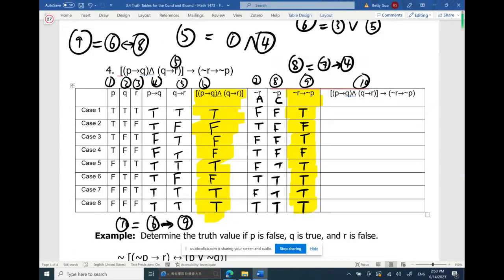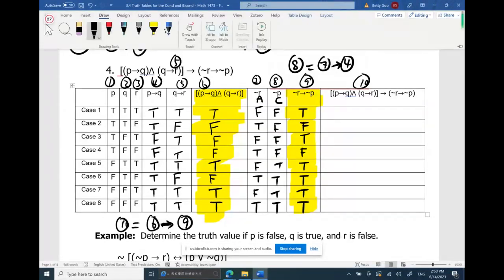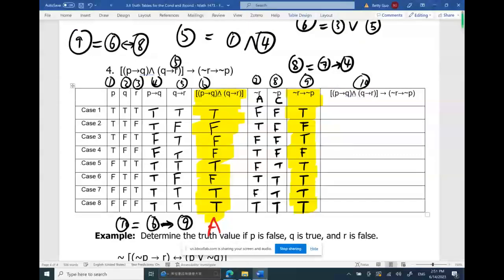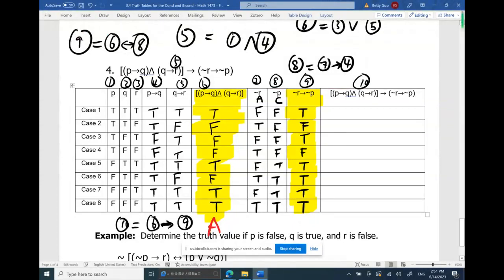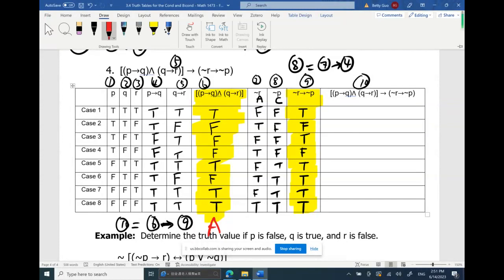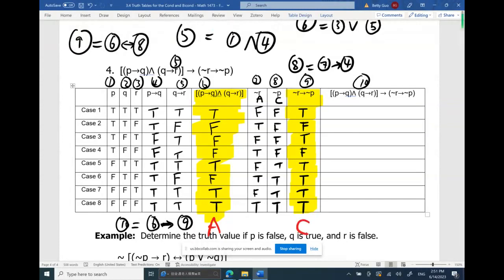Okay. So column 6 and column 9 together make column 10. And column 10 is 6 implies Q. So column 6 is the antecedent, and column 9 is the consequence. Okay, so we are looking for trusted friends forever.